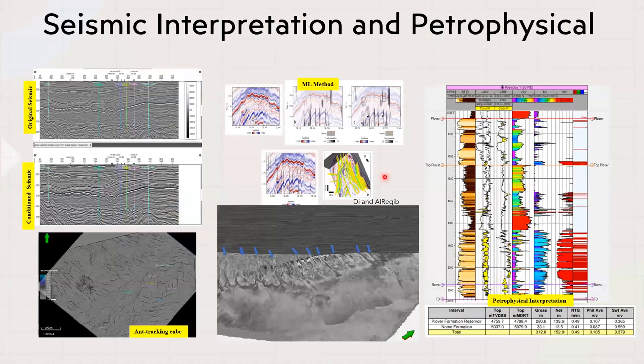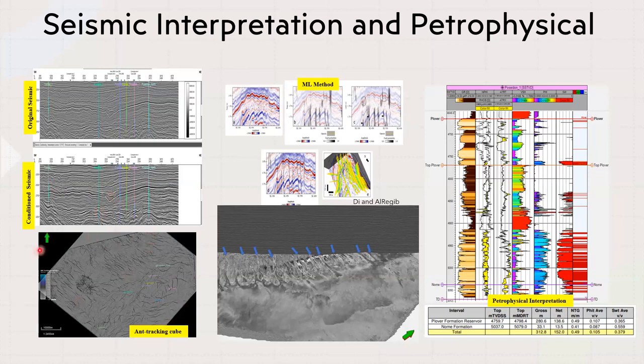Over here, if you look at this one, this is a workflow, not really a workflow for petrophysical analysis. This is seismic interpretation using petrophysical logs as well. From here, you can see this is the original seismic, and you can do some conditioned seismic, like increasing the resolution to predict the fractures.